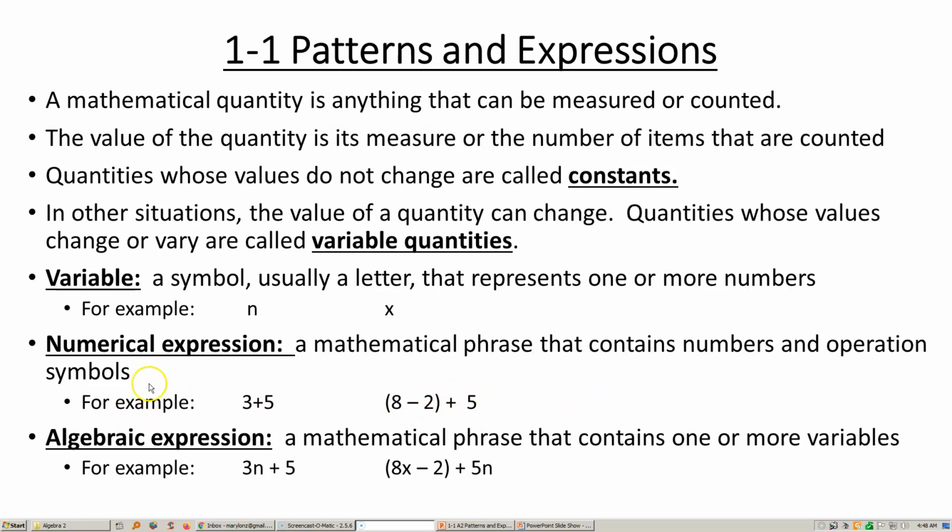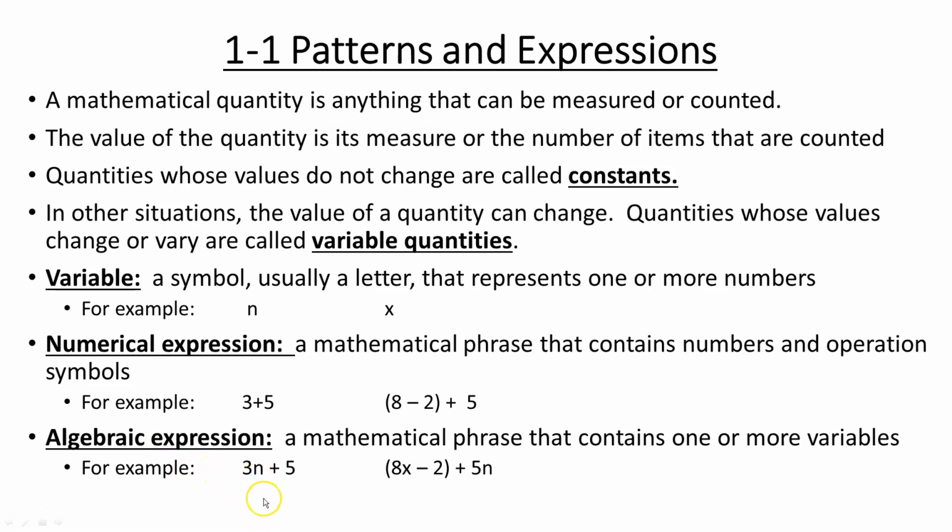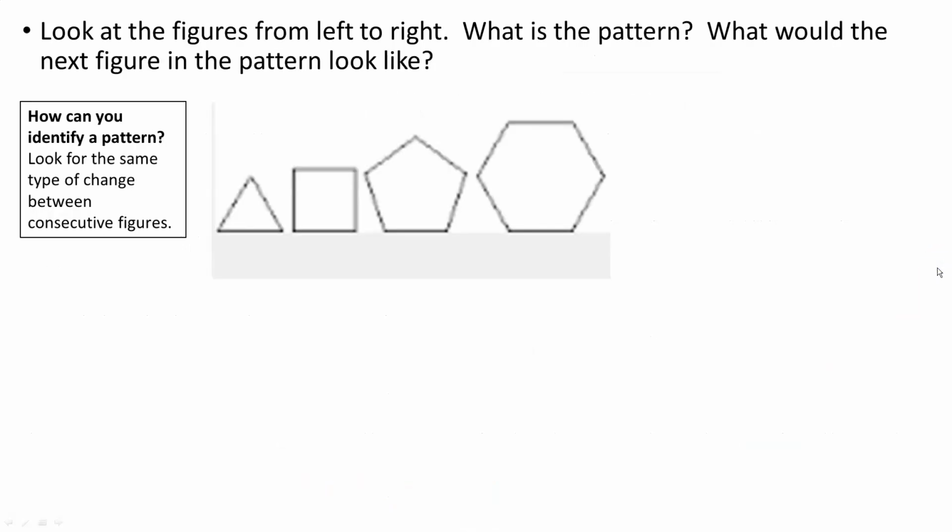No variables, just numbers. An algebraic expression contains variables. So an algebraic expression is 3n plus 5 or 8x minus 2 plus 5n. So the difference between a numerical expression and an algebraic expression is just that an algebraic expression has variables.